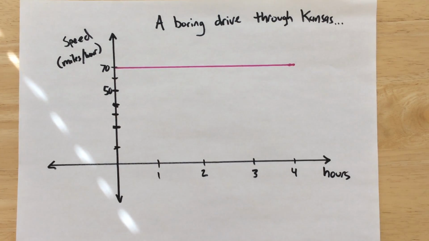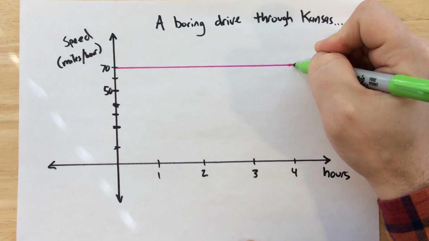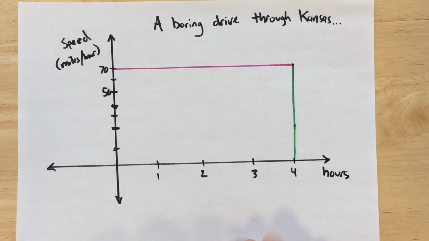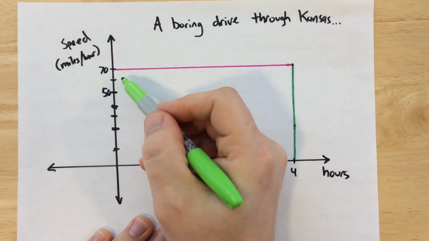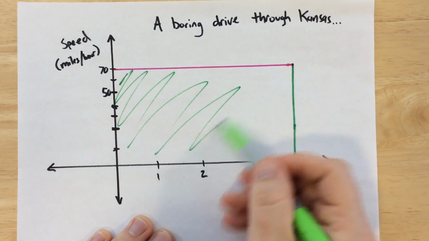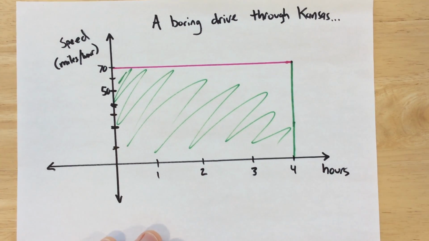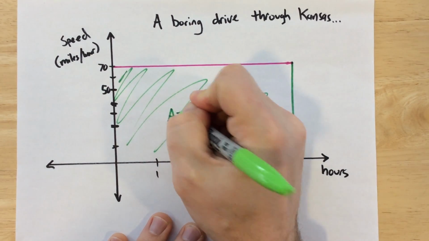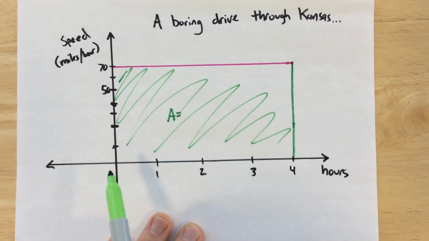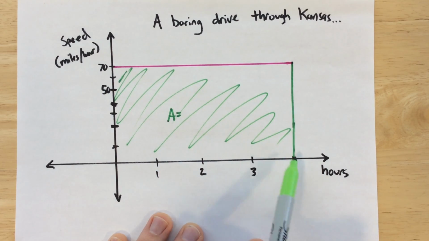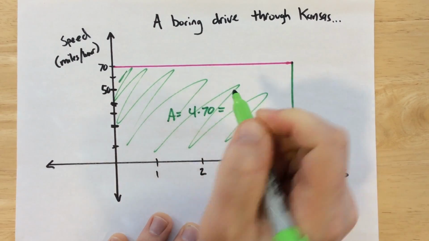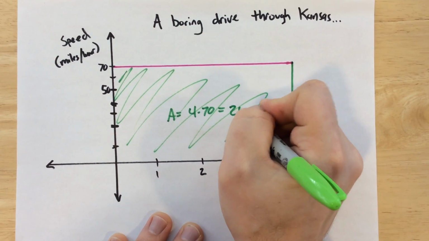But what I want to show you about this graph is something kind of cool, and that is if I were to draw in this rectangle and ask you what is the area of that rectangle, you might quickly realize that it's 4 by 70, so it's 4 times 70, which is 280.